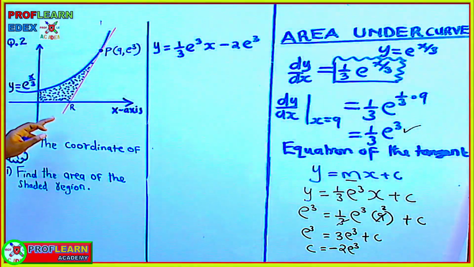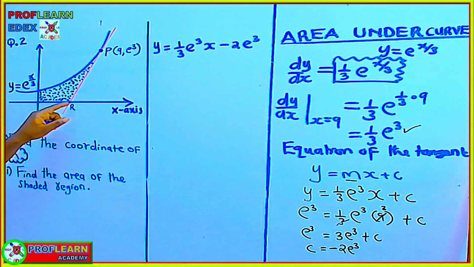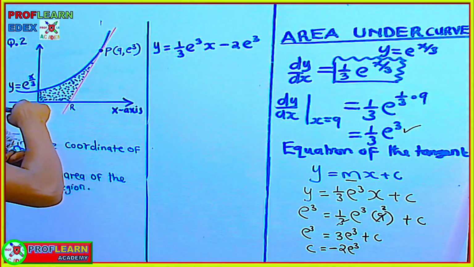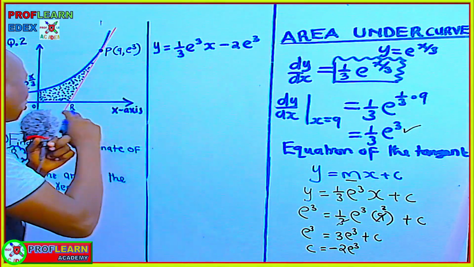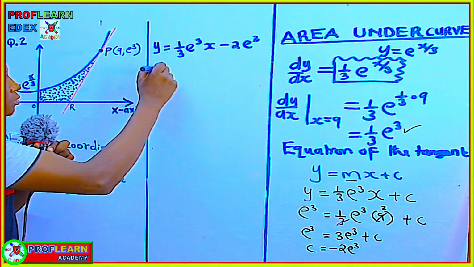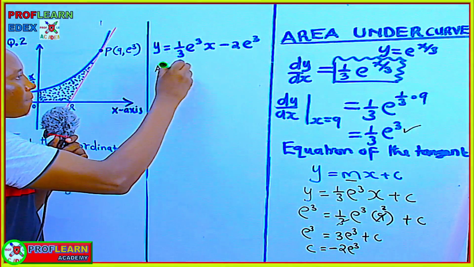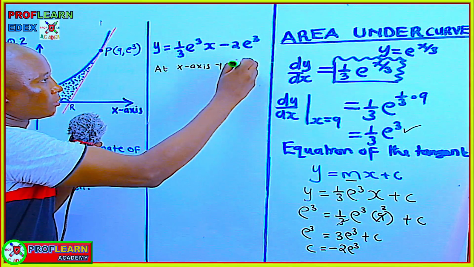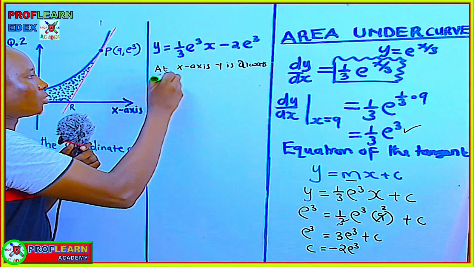For us to know the coordinates of R, which is a point on the x-axis, we need to remember that at any point on the x-axis, y is always equal to 0.